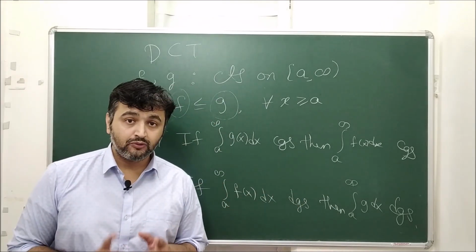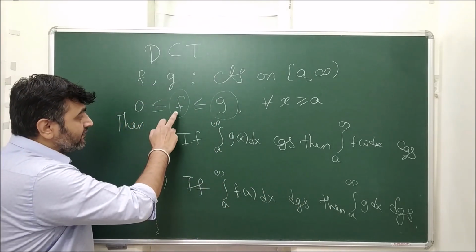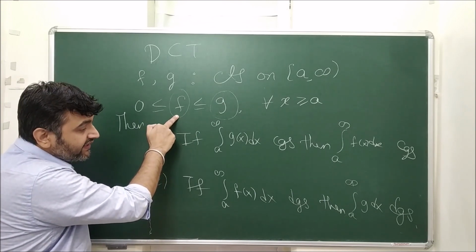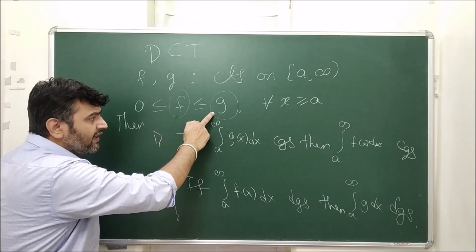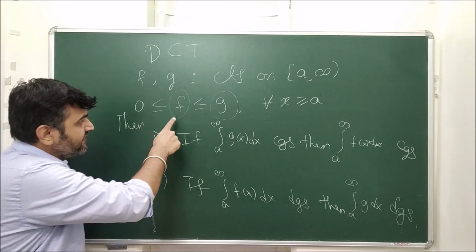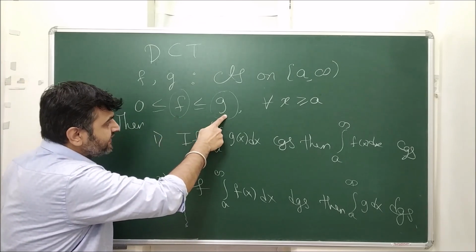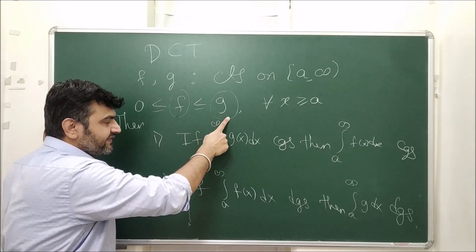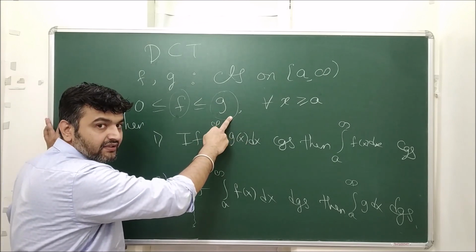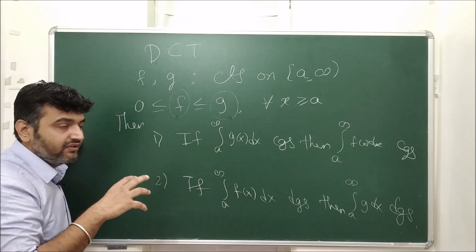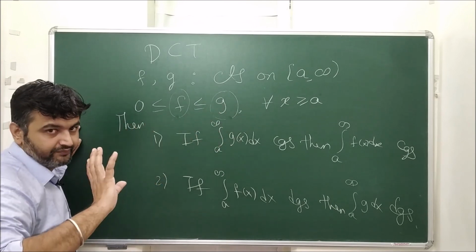Now another point to observe here is, if integral f is convergent, then you can't say anything about integral g, because if this integral is finite, this is greater than a finite number. So this can be infinite or this can be finite. So if the smaller is convergent, you can't say anything about the bigger one.